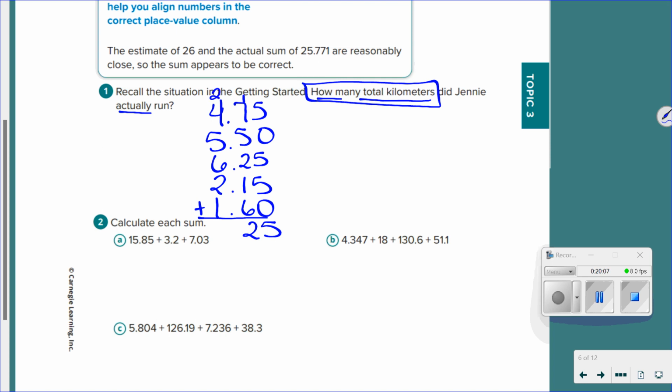Carry my 2, bring down my decimal. 2 plus 4, 6 plus 5, 11 plus 6, 17 plus 2, plus 1, 20. So she ran a total of 20 and 2500ths kilometers.